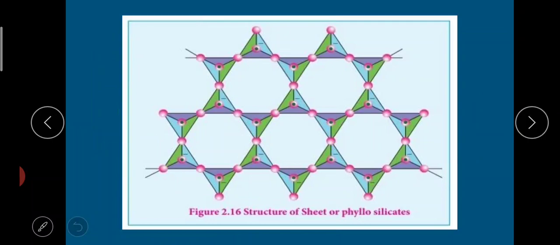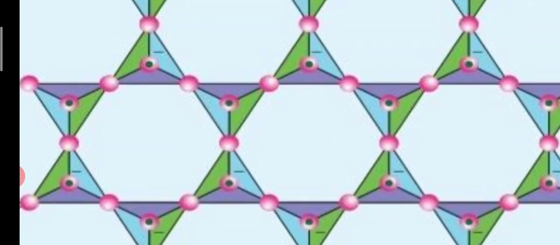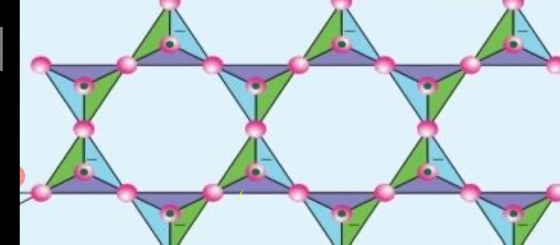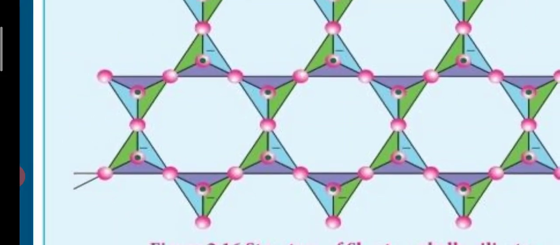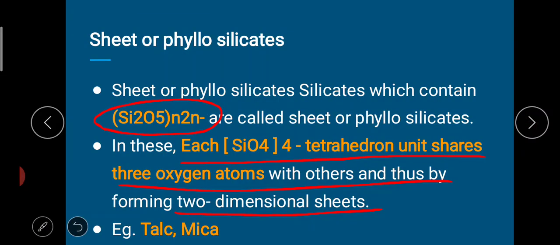So let us consider, listen children, let us consider this unit alone. This unit alone let's consider first, because these are the sharing units. So what is the formula we saw here? Si2O5.